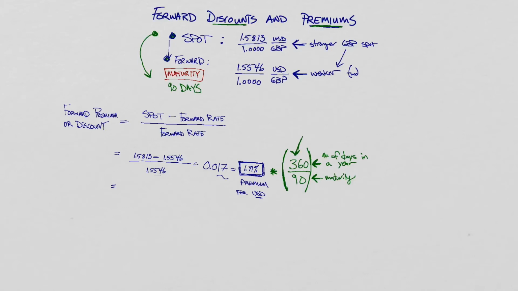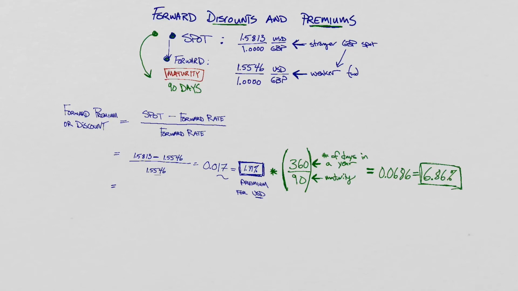They'll specify either 360 or 365 for what they want you to use. But scaling that 1.71%, we get the answer of 6.86%. And this is our annualized forward premium, or in this case, discount on the British pound.